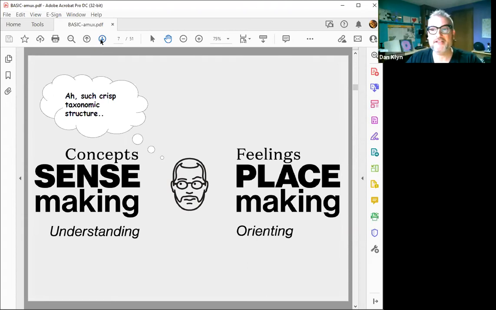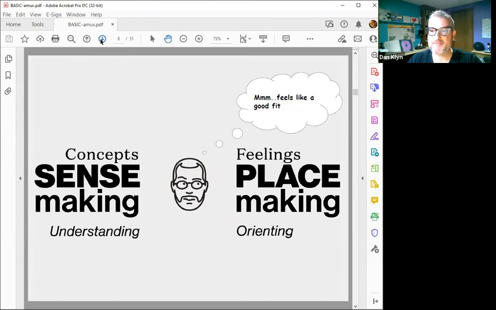And in the intervening years, my focus has been more on the other side of the equation. Both of these things are always happening in information architecture, sense making and place making. And this other side of the equation, when it's good, I noticed that it's a different kind of feeling. It's something about how I'm oriented.